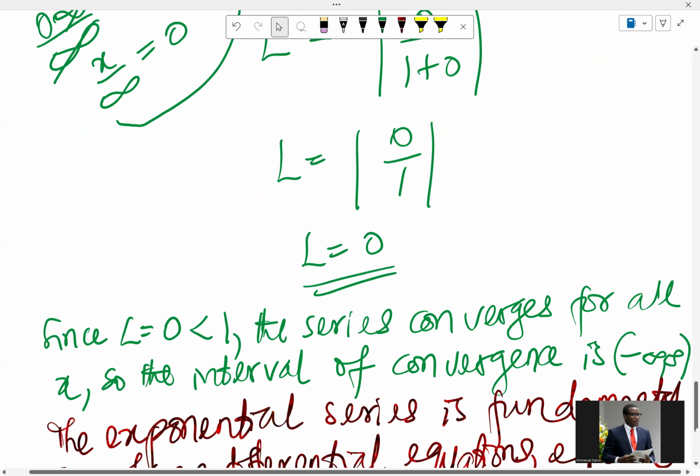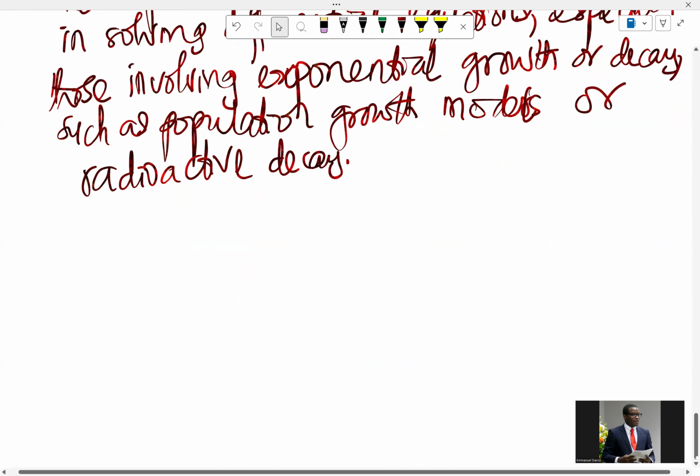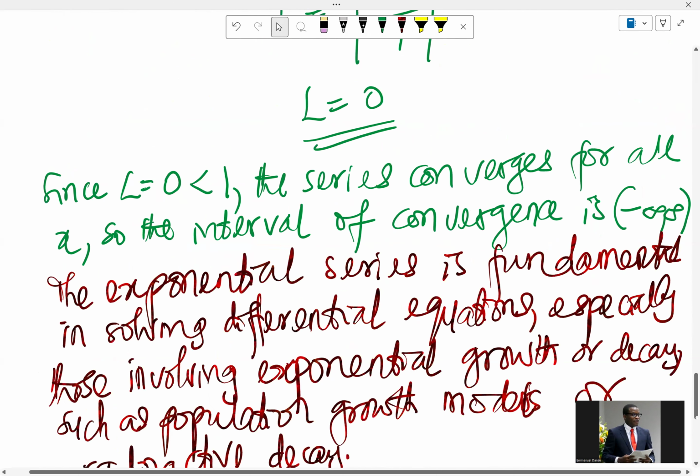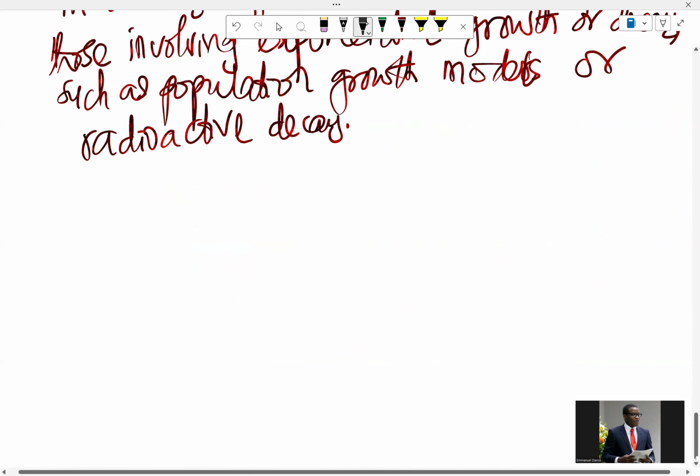Okay, so let's take another example, which is geometric series.